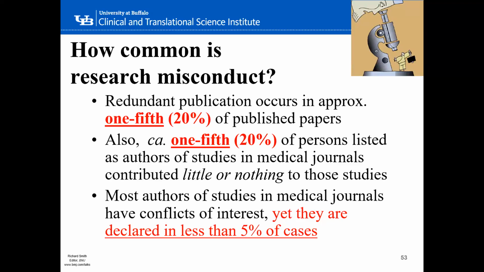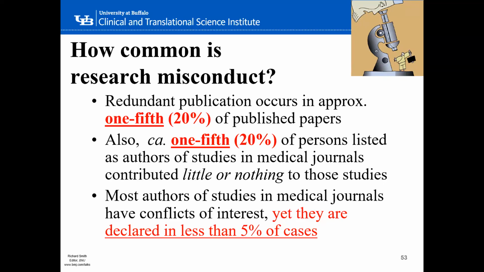Also, 1/5 of people listed as authors of studies in medical journals contributed little or nothing to those studies, so-called gift or honorary authorship. Most authors of studies in medical journals have conflicts of interest, yet they are declared in less than 5% of the cases.